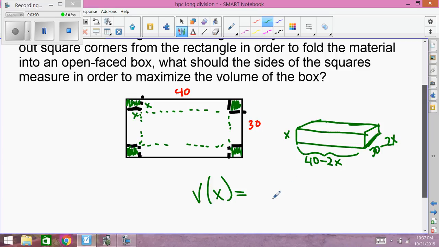Okay, so to find the volume of a box, you find the area of the base, which is 40 minus 2x times 30 minus 2x, times the height. The area of the base times the height. It's a prism. Okay, area of the base times the height.